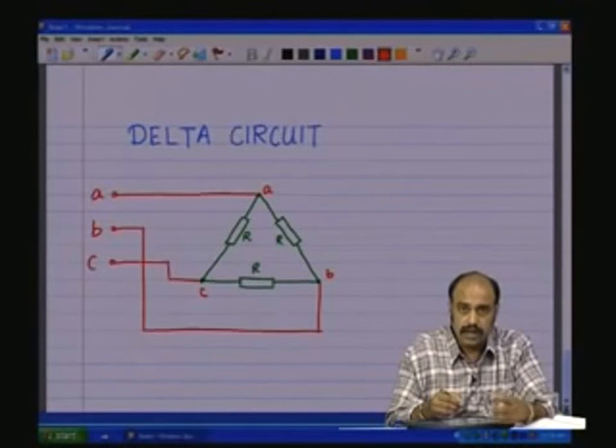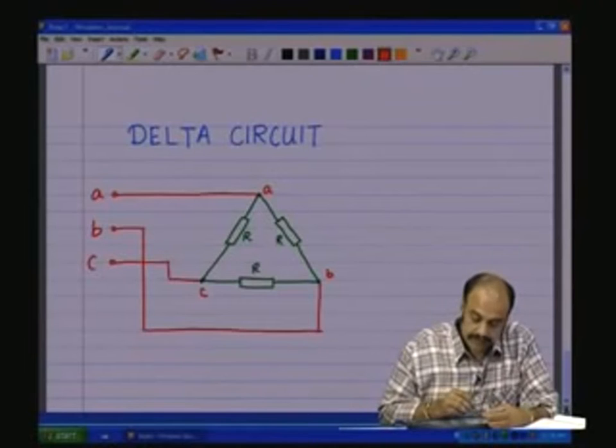Now, here let us define the various parameters.